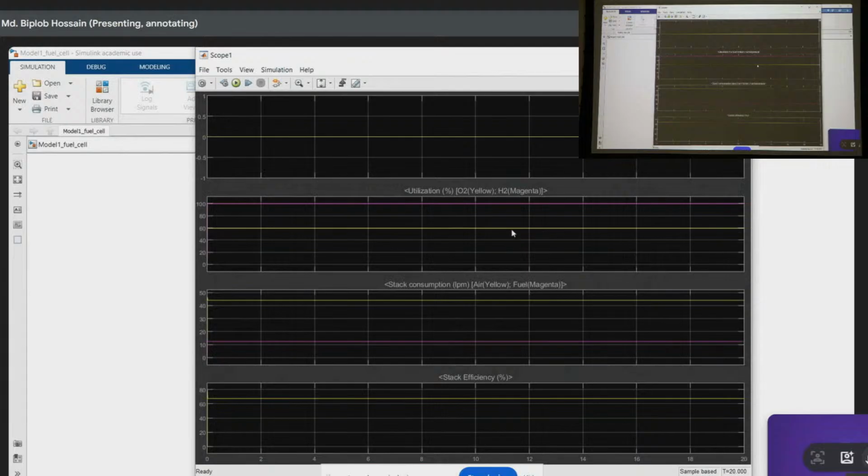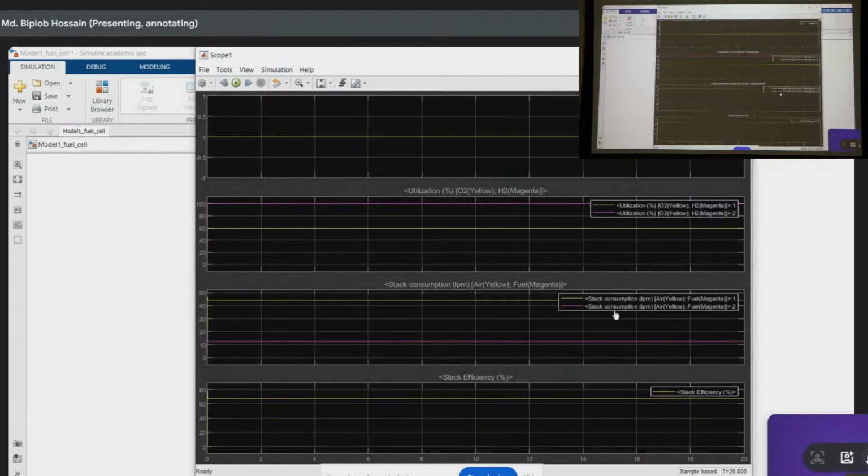So here we see utilizations. These are two types of utilizations: oxygen utilizations and hydrogen utilizations. If you put some legend, then we can have it. So oxygen utilizations is the yellow color. That means this is 60% and 100% hydrogen utilizations.